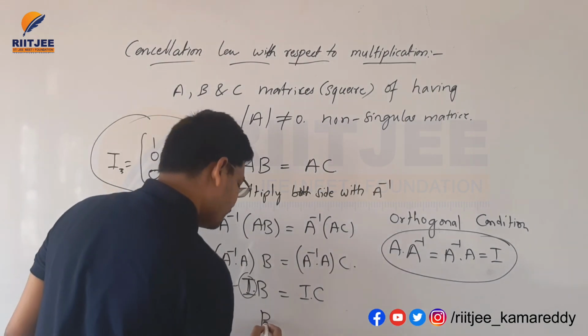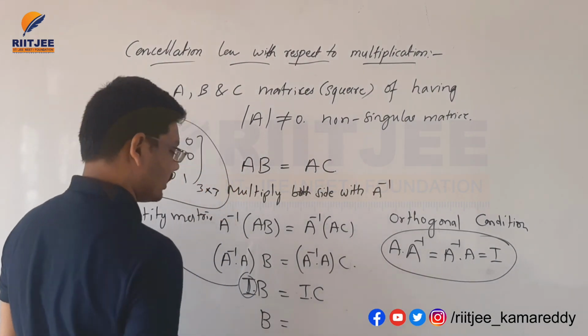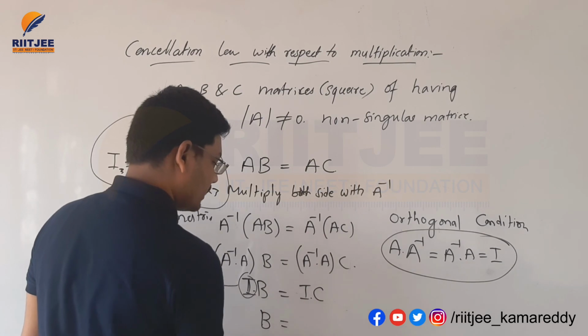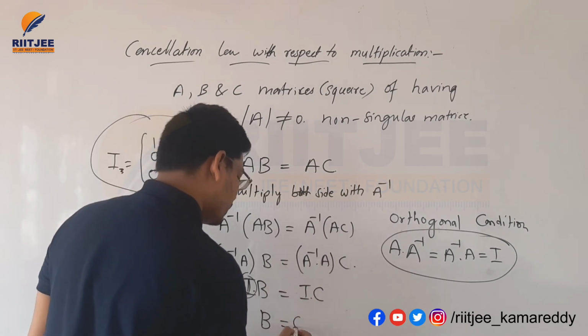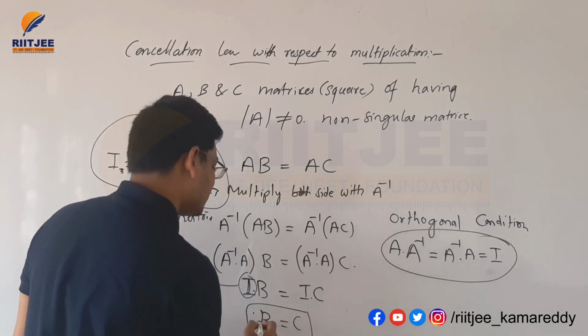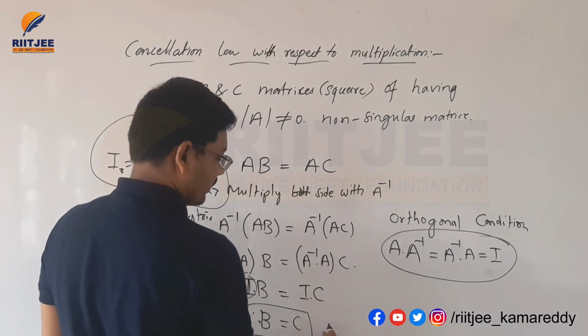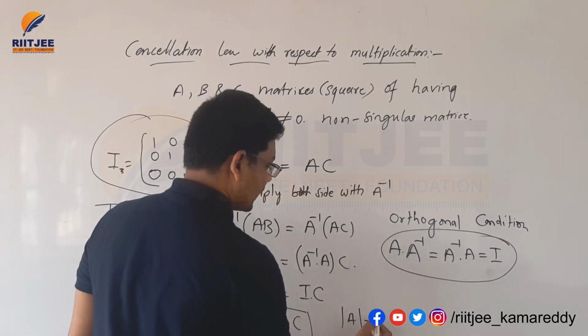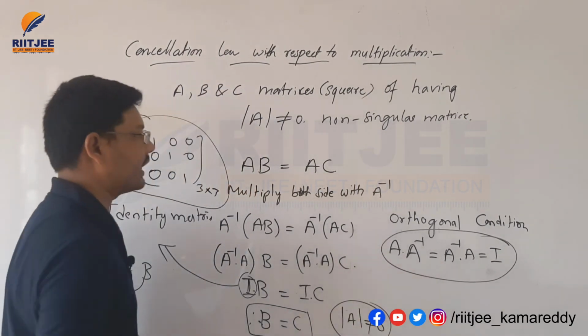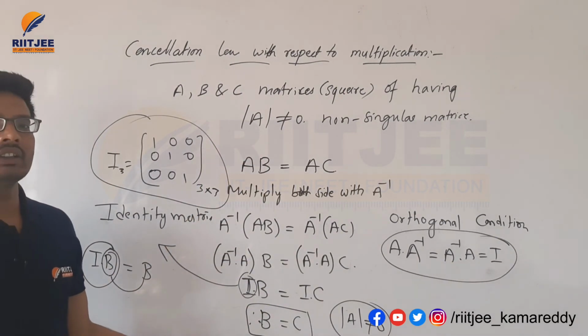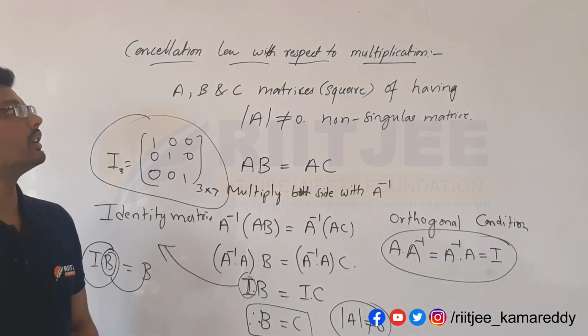Here IB is equal to B, and IC is equal to C. Here B and C are equal, therefore modulus of A is not equal to 0. This is called the cancellation law of the inverse matrix.